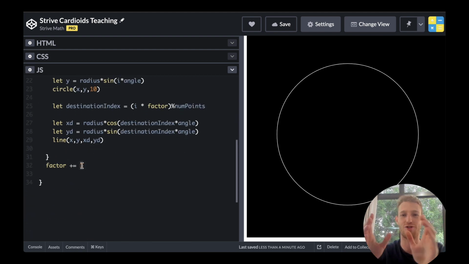Discrete meaning like 1, 2, 3, 4, 5, 6. It can be continuous in the sense of we could increase factor by like 0.001. And so you're no longer looking at the 1 times table, 2 times table, 3 times table. All of a sudden you're looking at the 1.456 times table, or the 7.2891 times table.